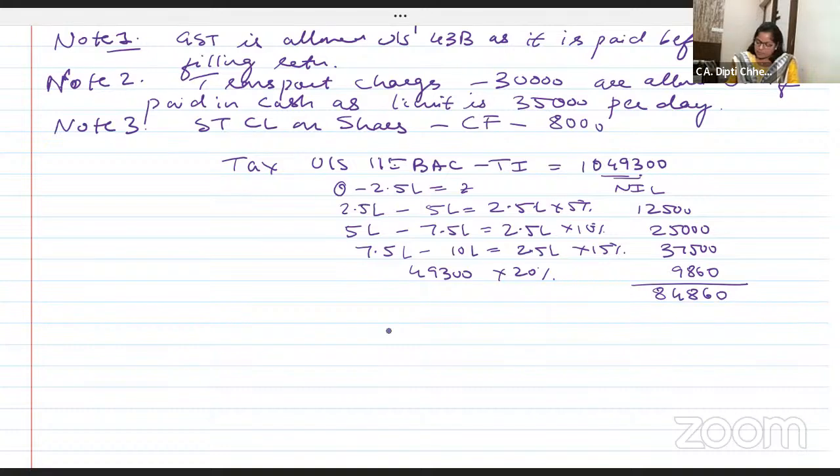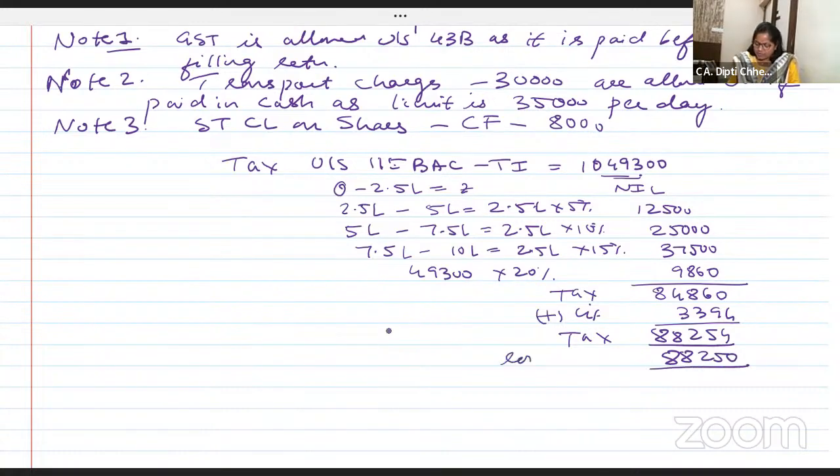That is the tax, and after adding 4% cess, 3,394 plus 84,860, the tax payable is 88,254, rounded off to 88,250.